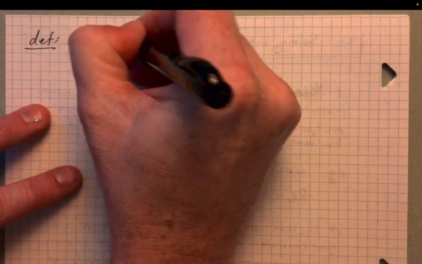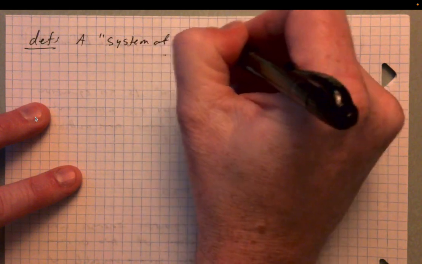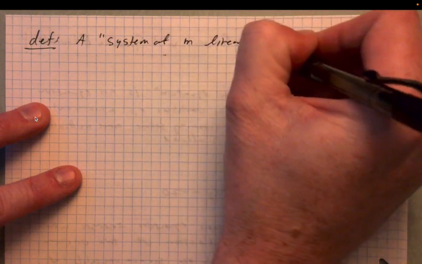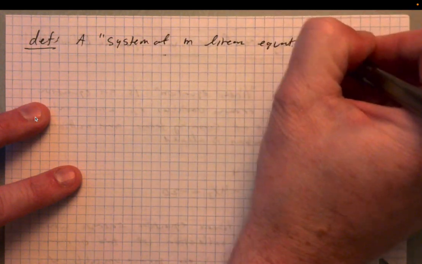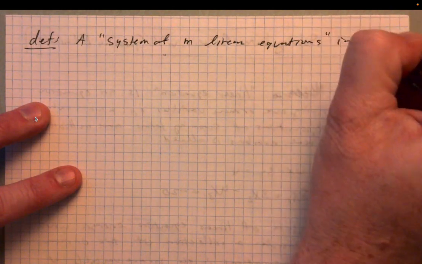Okay, so definition. A system of m linear equations in n variables.